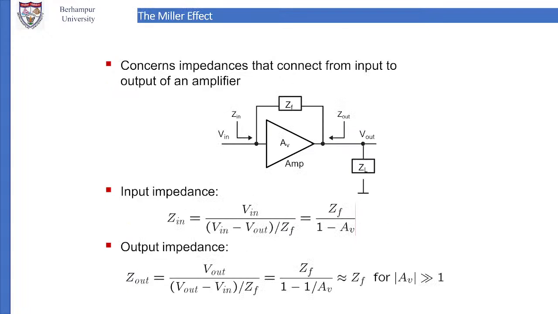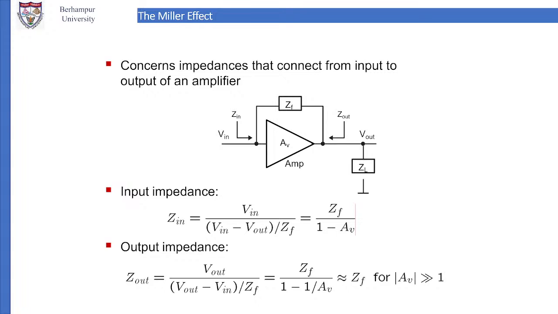Now let us consider a single amplifier and the Miller effect. This Miller effect basically is concerned with impedances which connect the input to the output of an amplifier. So here you can see we are taking an amplifier.